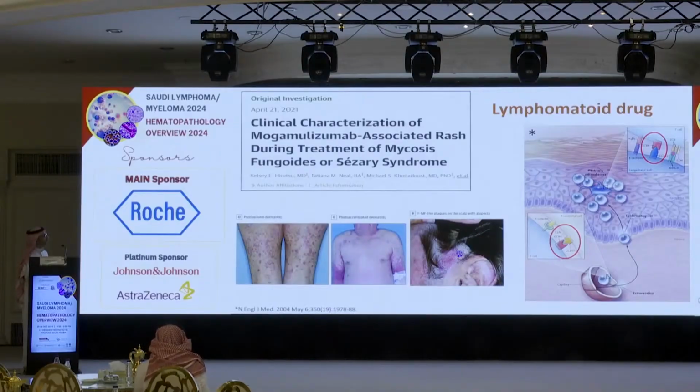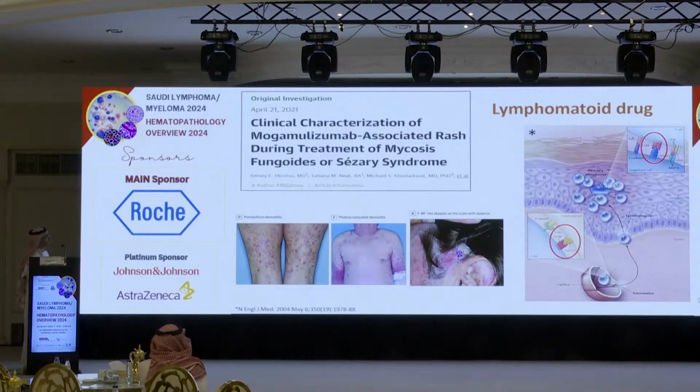Now, lymphomatoid drug eruption can mimic mycosis fungoides. There are medications that can cause an inflammatory infiltrate in the skin that can look like MF, but they are not. They are usually CD8 positive. An example of that is anti-epileptic medication.